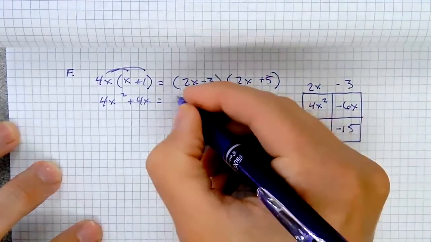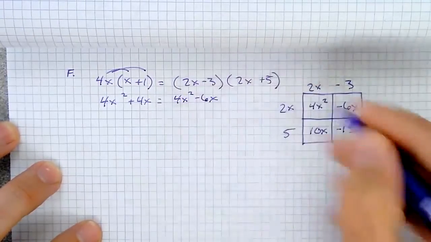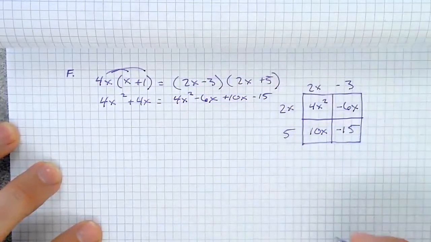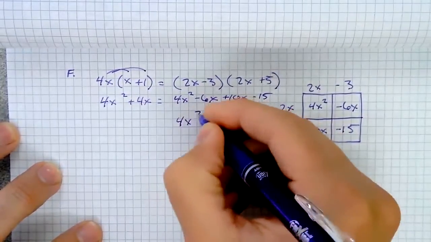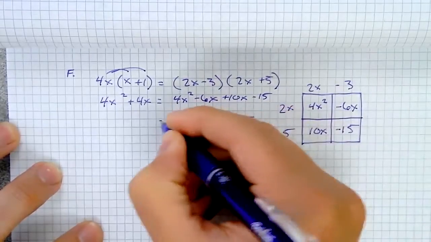So I have 4x squared minus 6x plus 10x minus 15. Can combine like terms in the middle there: 4x squared plus 4x minus 15.